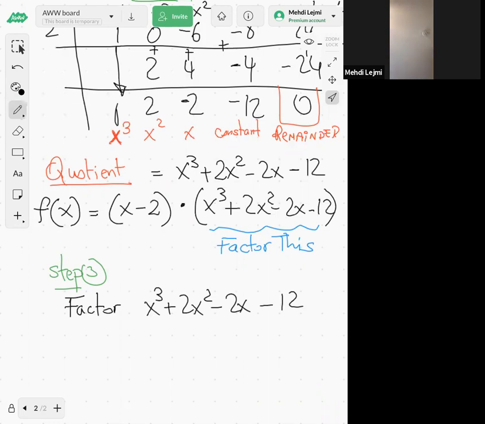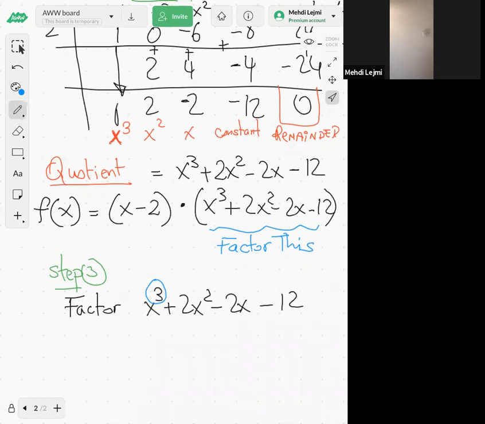Now the thing is, this is not a quadratic function, right? Here the power is 3, so I cannot easily use the quadratic formula. So how do you factor this? Well, you can try partial factoring, of course.